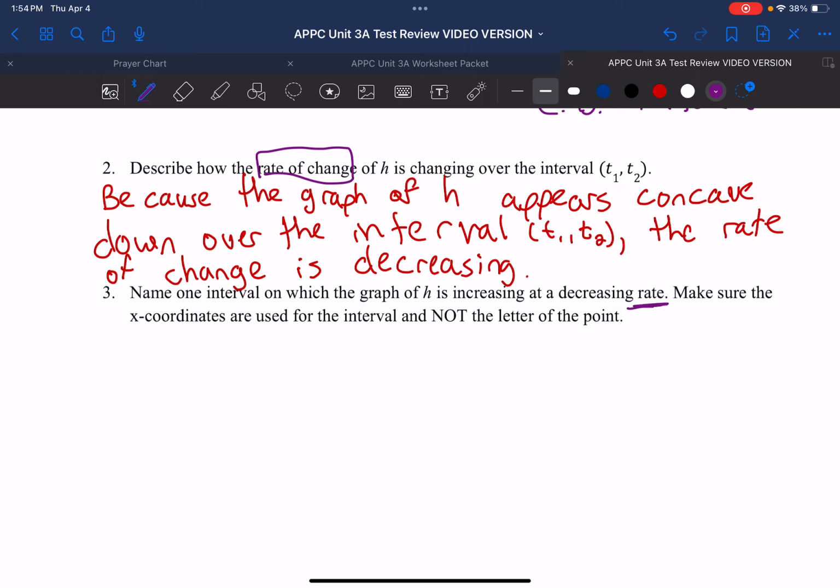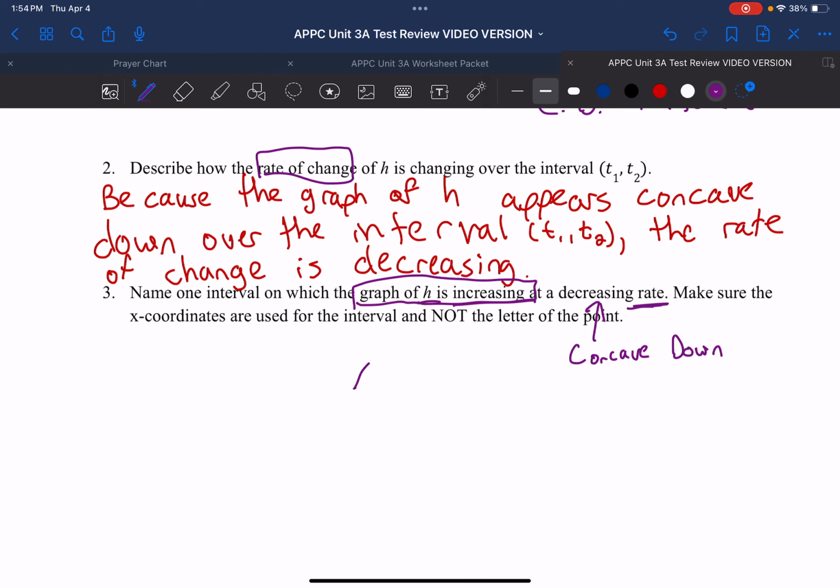So name one interval on which the graph of H is increasing. So the graph of H is increasing. Let's start with that part. The graph itself is increasing. So the function is going up, left to right, at a decreasing rate. Okay, that tells me I'm concave down, because it's a decreasing rate.